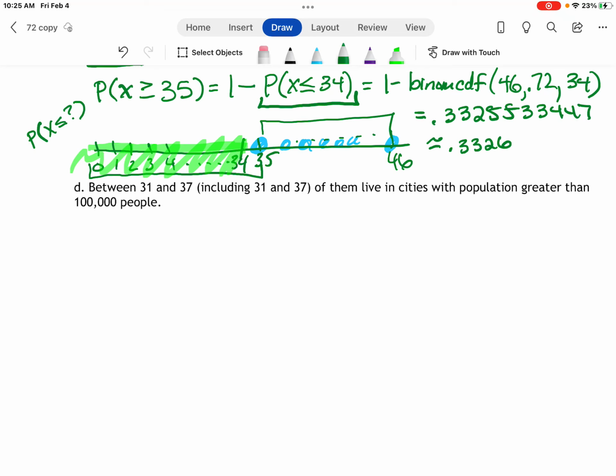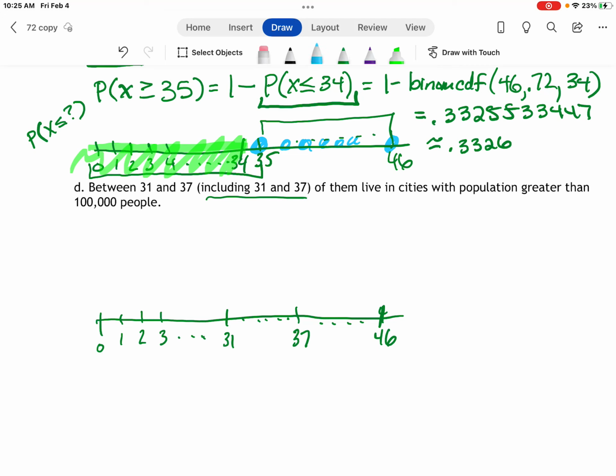Okay, last example. We want to find the probability that the number of successes is between 31 and 37, including 31 and 37. So if we look at our number line, we want 31, 32, 33, 34, all the way up to 37. This is what we want to find the probability for.